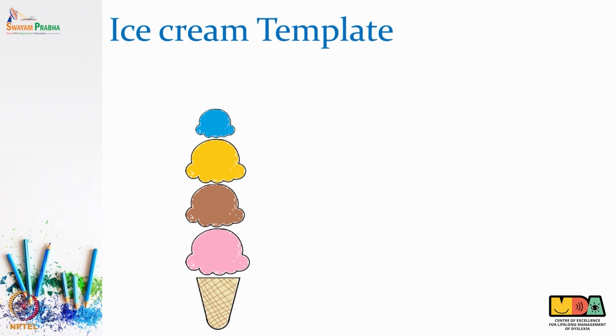With the help of the graphic organizer, the child is encouraged to make at least 5 sentences. Now, let us see how we are going to write these sentences.